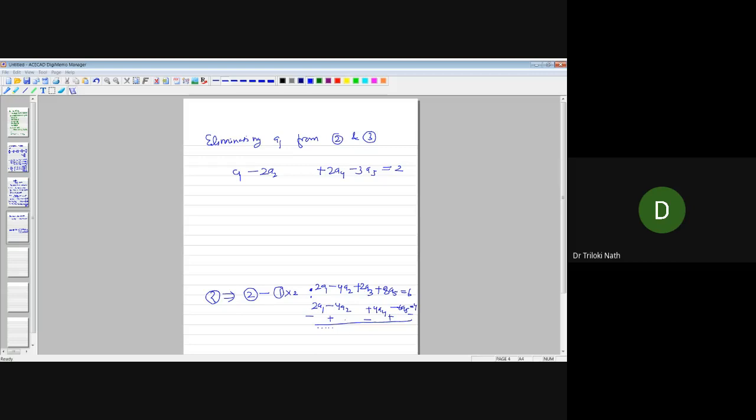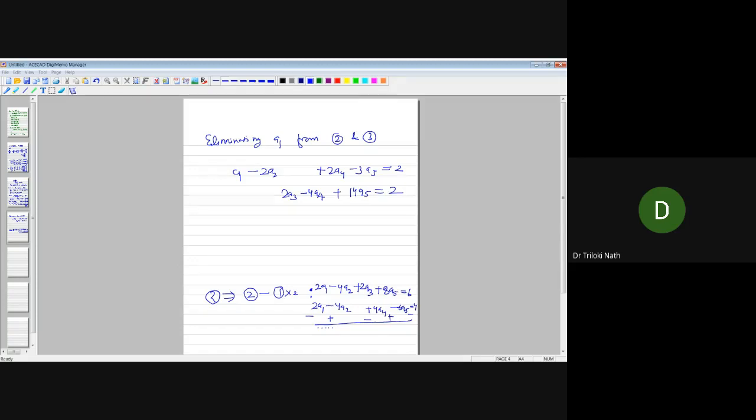That is 2a3, then minus 4a4, and then 8a5 plus 6a5 equals plus 14a5, and then equal to 6 minus 4 is equal to 2, right?